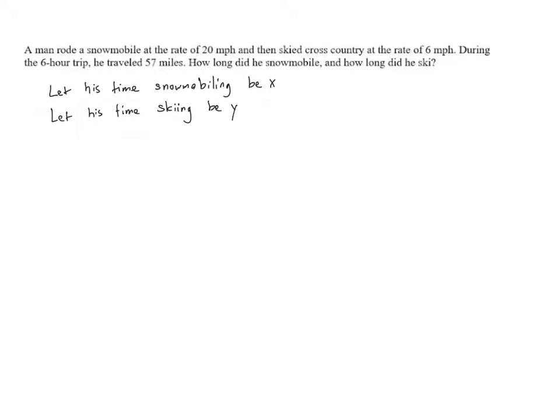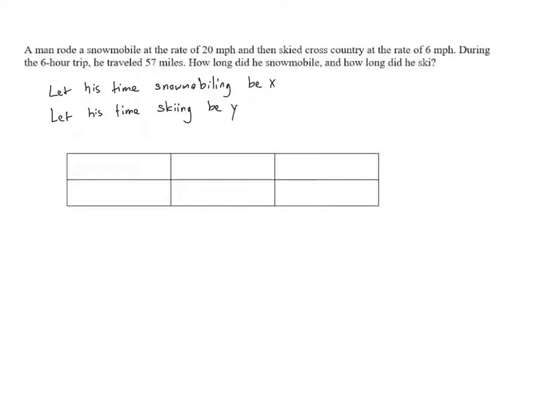And then just like the other motion problems, we're going to set up a table to organize our data. We're going to label the columns rate or speed times time equals distance.